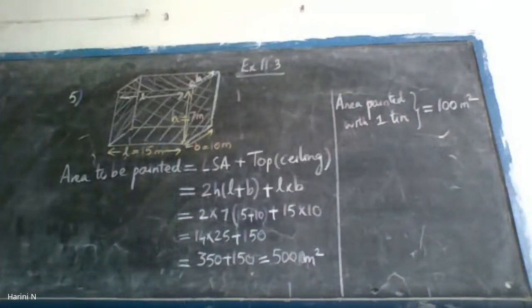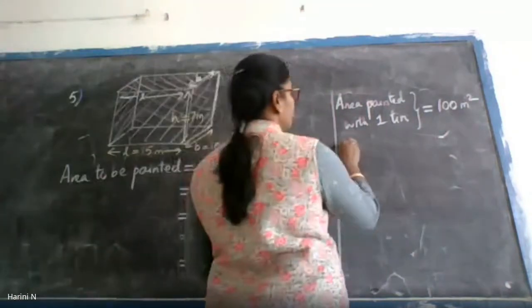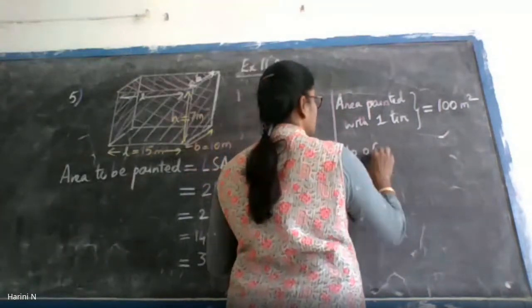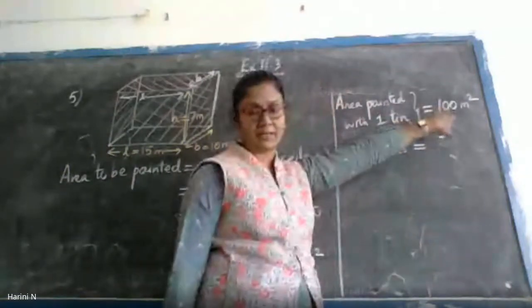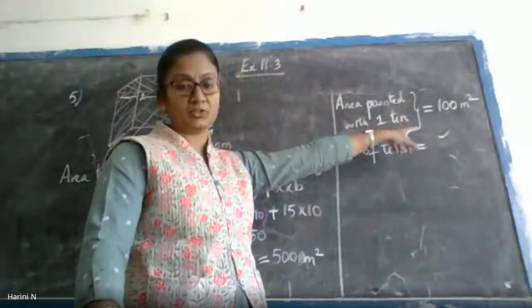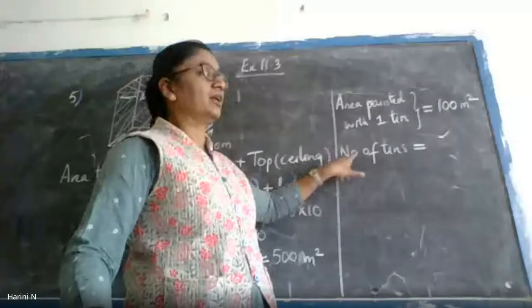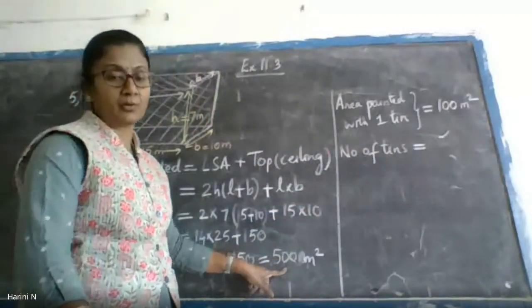I have 500 meter square. So how many tins will you require? If I have one tin of paint, I can paint 100 meter square. Now I have to find out the number of tins for painting 500 meter square. How many will you require?